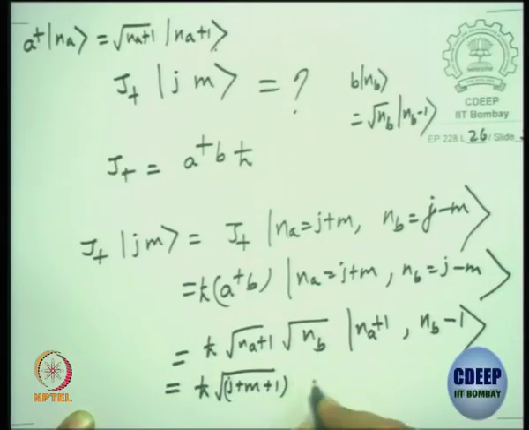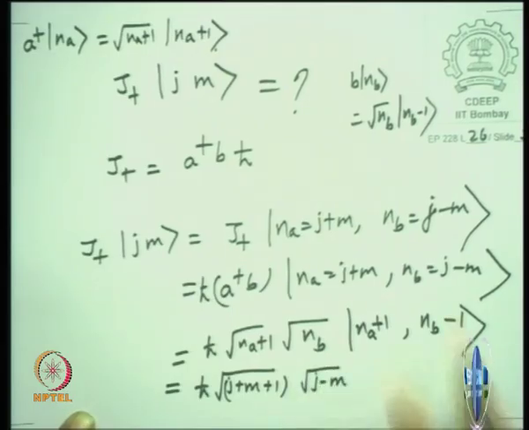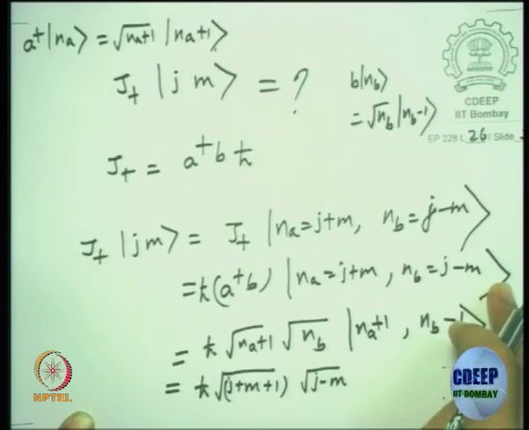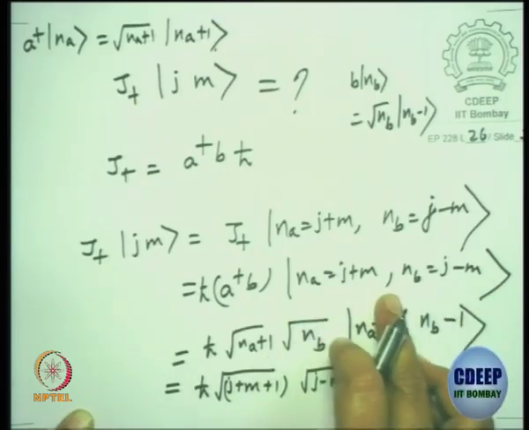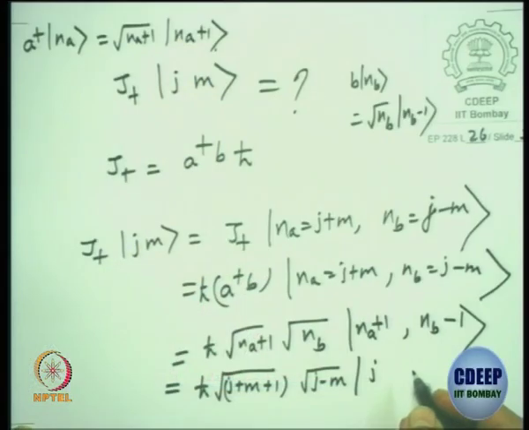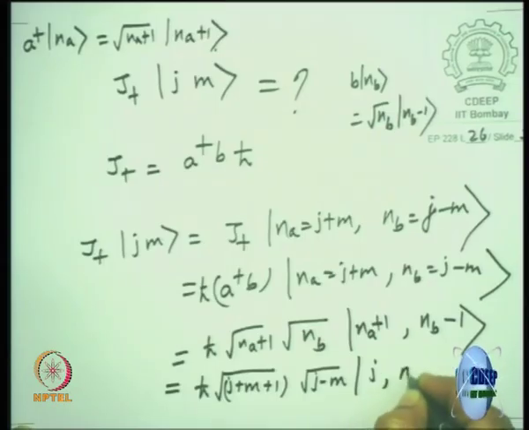Instead of Nb, I will put it as j minus m. Is that correct? Nb is j minus m, Na is j plus m. And what will I write here? I can write this as j doesn't change, m changes to m plus 1.